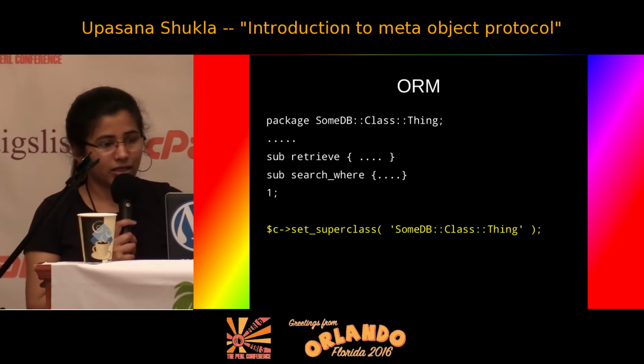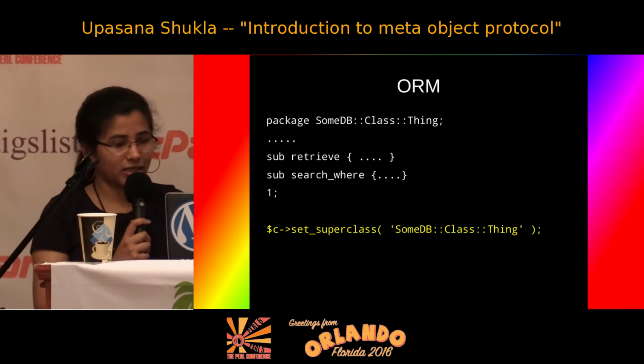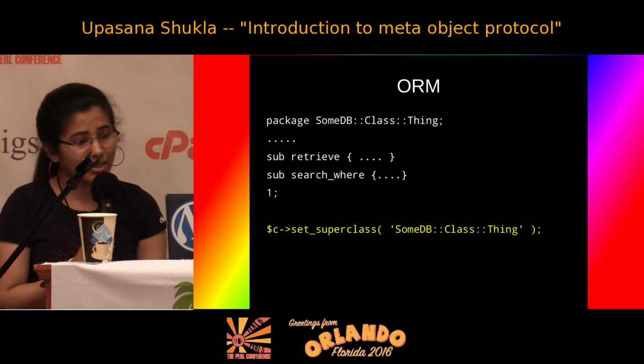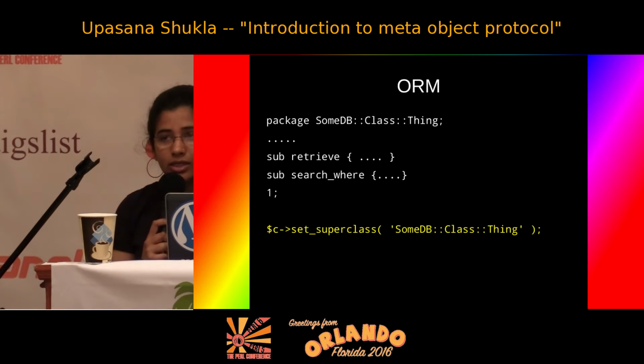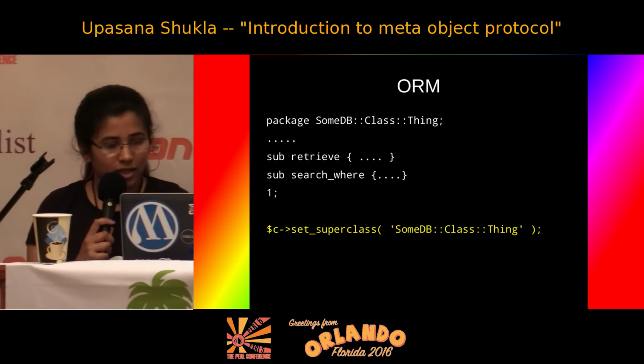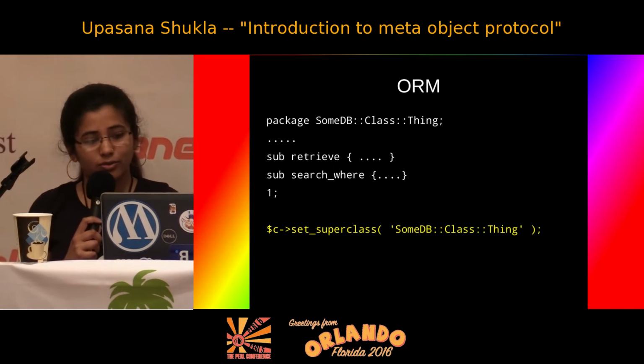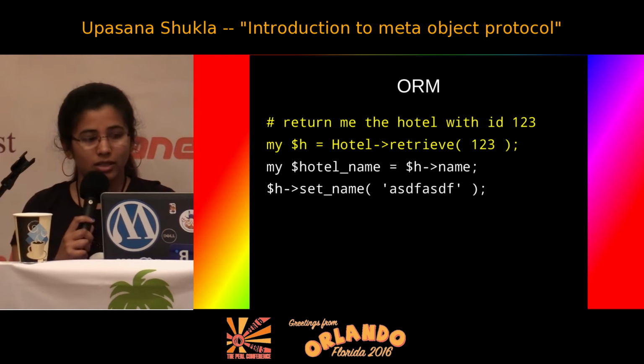Then I set its superclass to some DB class thing, which has methods like retrieve and search where. So if I set some DB class thing as superclass of my class, then I will have these methods.